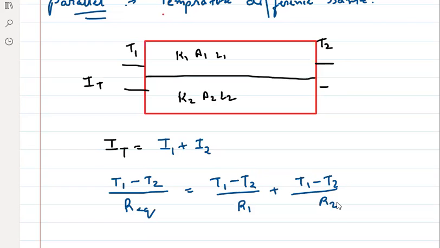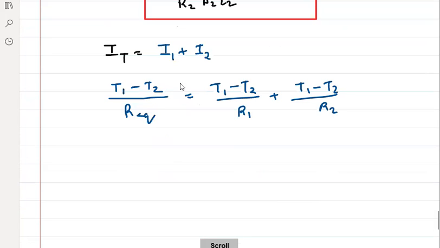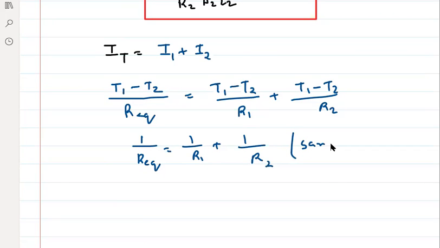Yes or no? Easy, right? So I can cancel this T1 minus T2 now. So I'll get 1 by R equivalent is equal to 1 by R1 plus 1 by R2. So this is same as electric current. Anyone have any issue in this?